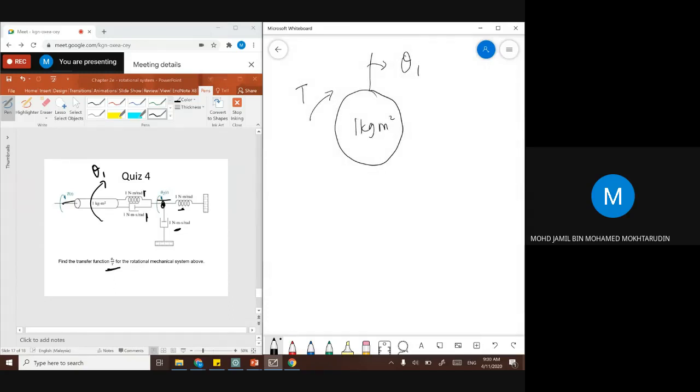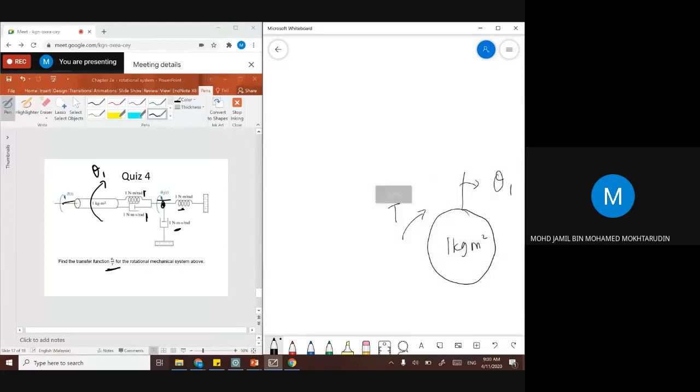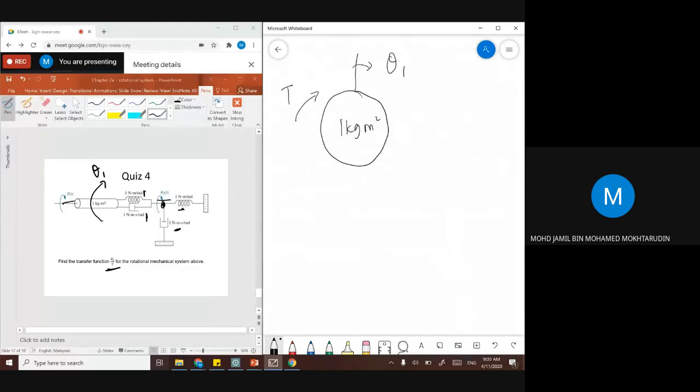So dia bukan sebahagian daripada rod, okay? Dia tak menyebabkan forces on the rod. So you have spring 1, theta 1, theta 1 je lah. And another one is theta 1 dot. Direction salah.